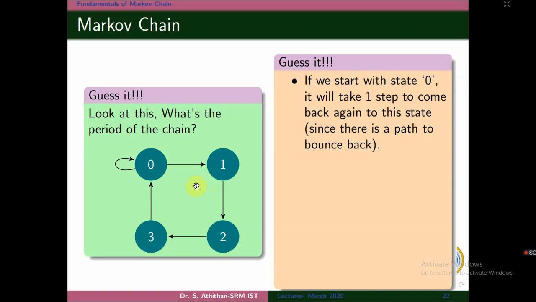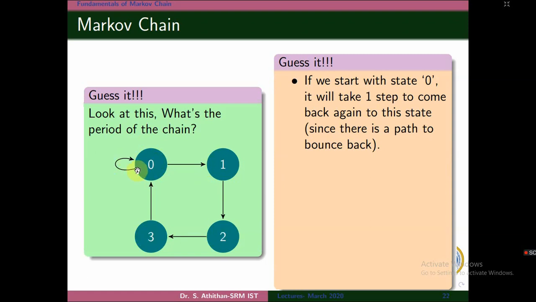Now look at this. What is the period of this Markov chain? If you start with 0, you can come back within 1 step. That is what I have mentioned here. If you want to go to 1 and come back, you go 1, 2, 3, 4, which is 4 steps.